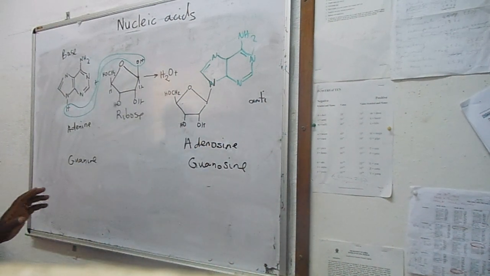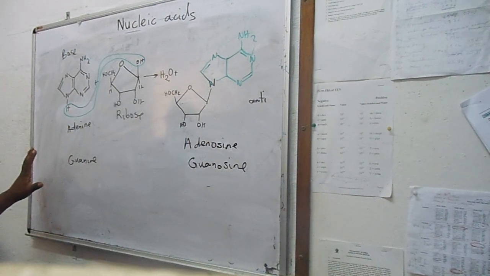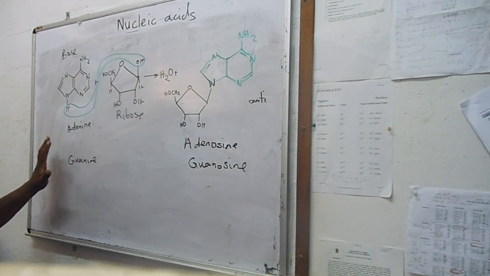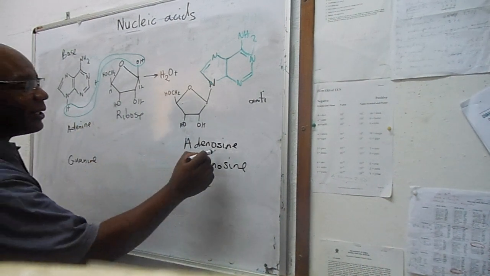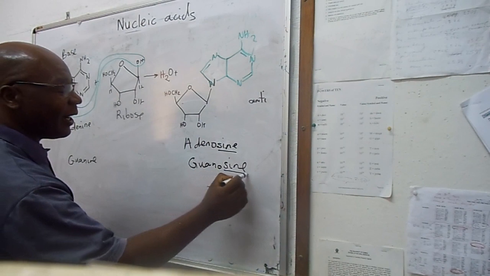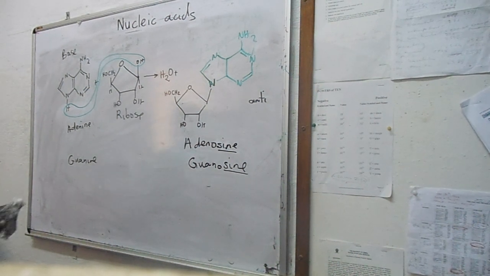So these are nucleosides of purines. If you are very observant, nucleosides of purines end in -osine. Nucleosides of pyrimidines end in -idine. So you have to take note. Don't make that mistake.